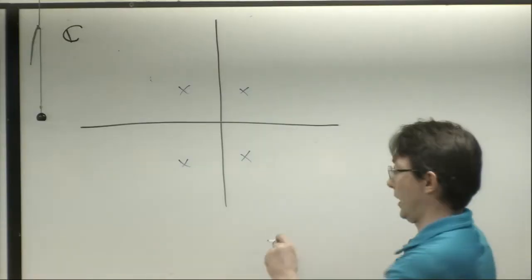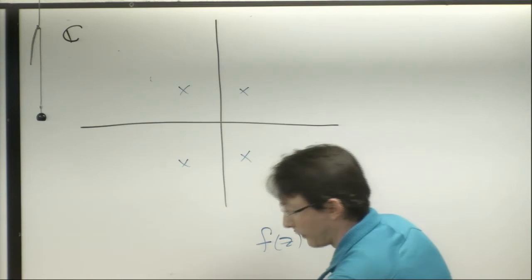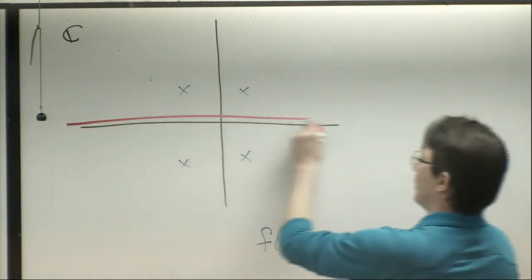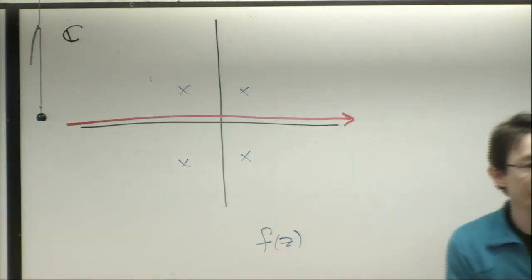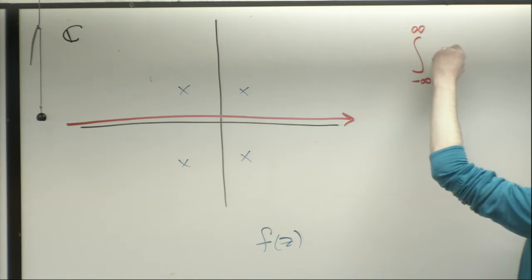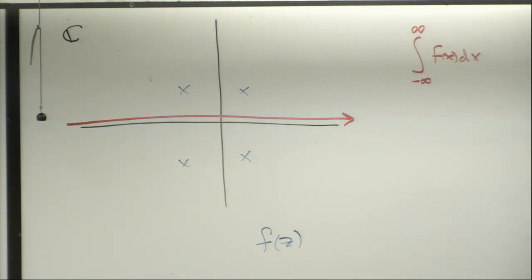Okay? Some function f of z has these singularities. And let's say that my boss tells me I need this integral here. Okay? I need the integral from minus infinity to infinity of f of x dx. It's a really nasty integral. I didn't tell you what f of x is, but it's nasty.